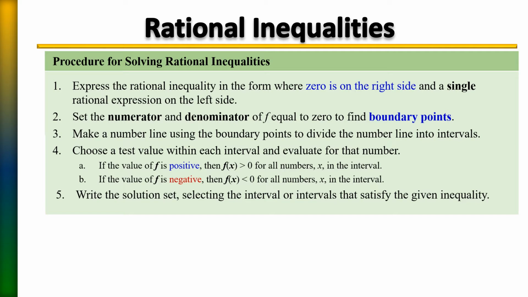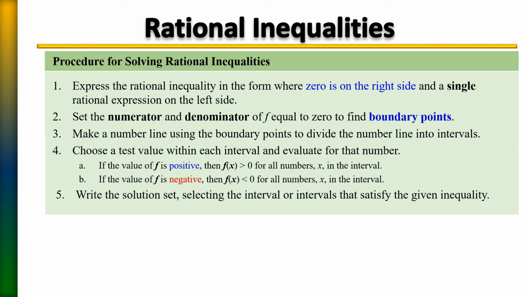After you do that, moving on to step 2, you're then going to set the numerator and also the denominator of those functions equal to 0 so that you can find the boundary points. Again, the boundary points are found by taking the numerator, setting it equal to 0 and solving for x, and then doing the same for the denominator, setting it equal to 0 and solving for x.